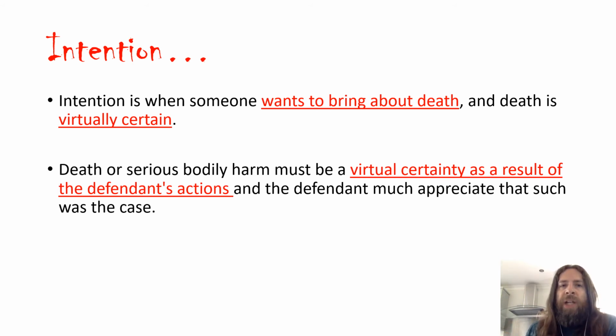That's really important, because in cases before the court, sometimes people have said, well, I didn't know that was going to happen, and they've got away with it. So you really need to be careful in the evidence that you use to prove beyond all reasonable doubt that the person you think is guilty, your defendant, knew it was virtually certain that death would occur.